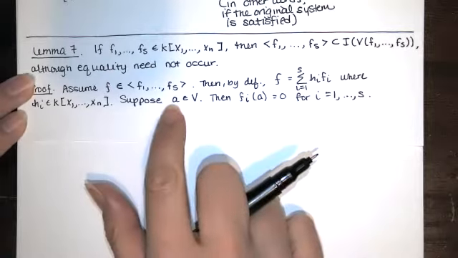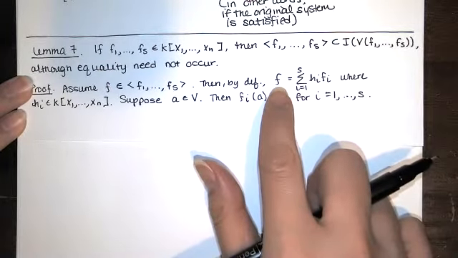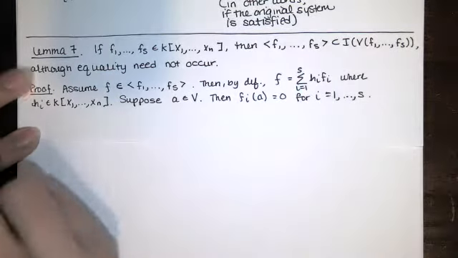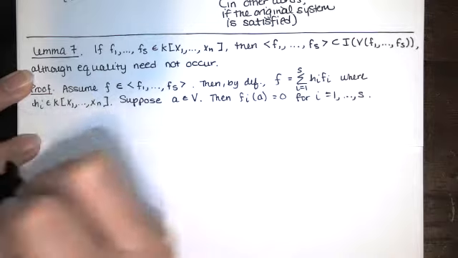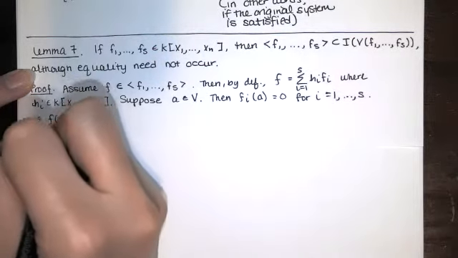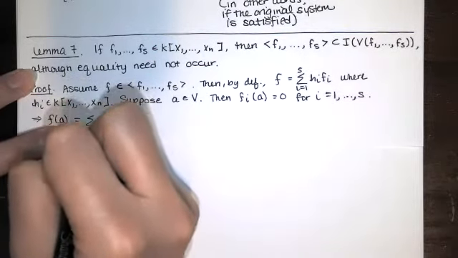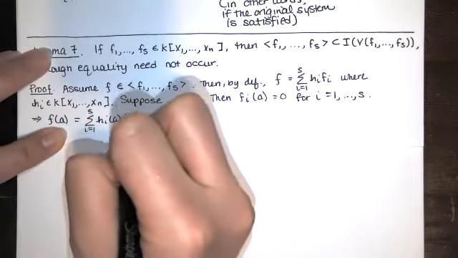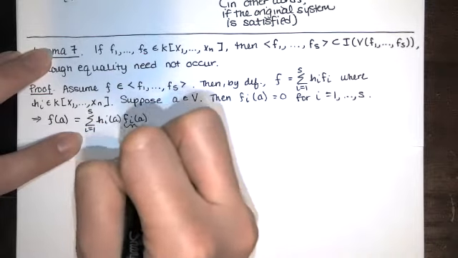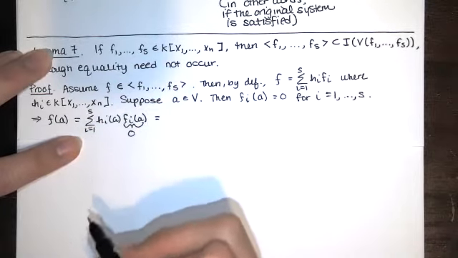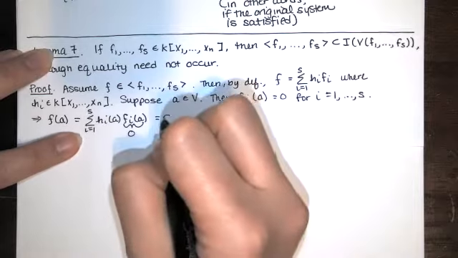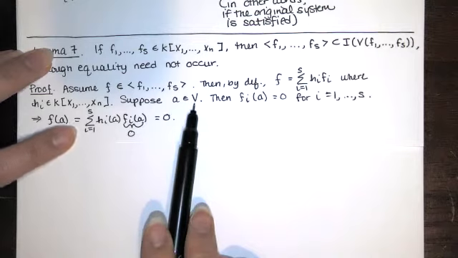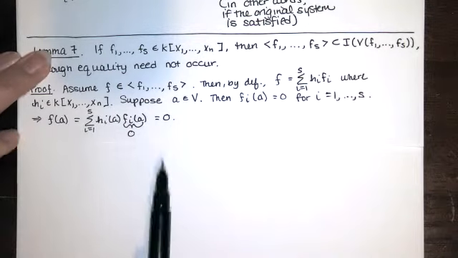So if I substitute a into this polynomial, which is in the ideal generated by f sub 1 through f sub s, well, then all we're going to get is this. Just substitute the a into the h sub i and into the f sub i. And f sub i of a is 0. So this is just the sum of s zeros. Add them together and you're going to get 0. So if a is in V, then f of a is equal to 0.